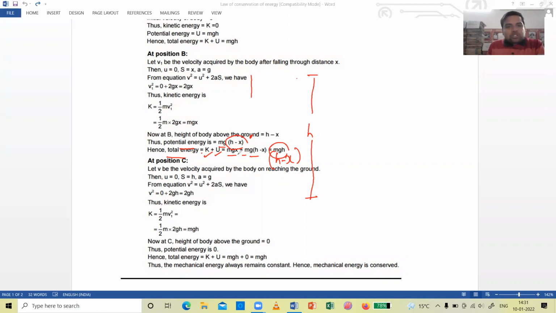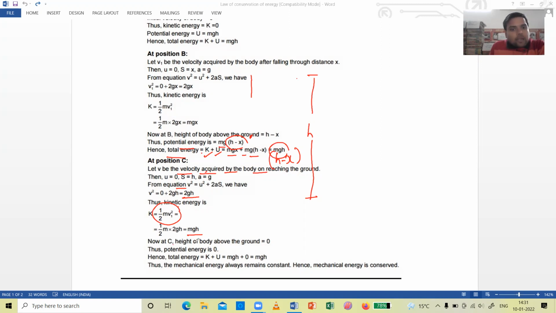Let's check out position C. At position C, we assume v is the velocity acquired by the body on reaching the ground. Similarly, from the third equation of motion, we can find the velocity: v square is equal to 2gh. Thus the kinetic energy from this formula is mgh.